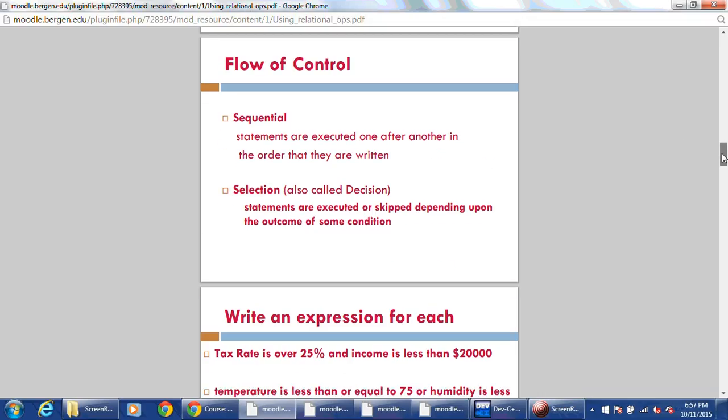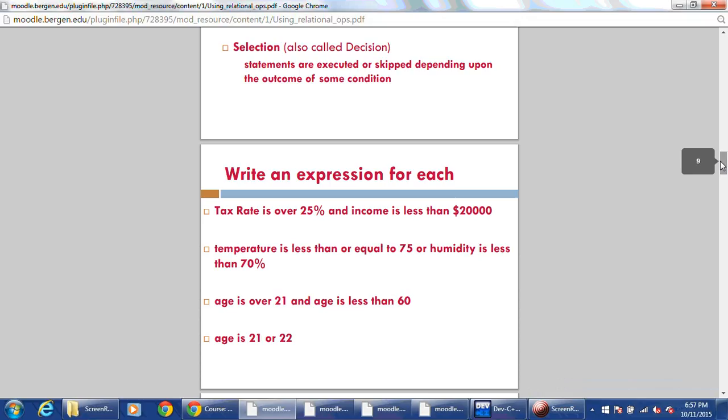We'll get to that a little bit later, but just keep in mind that you can think about yourself on a road. You're going down the highway, and you always ask the question, what exit should I take? Should I take exit B or exit A? Same type of concept with these conditions.